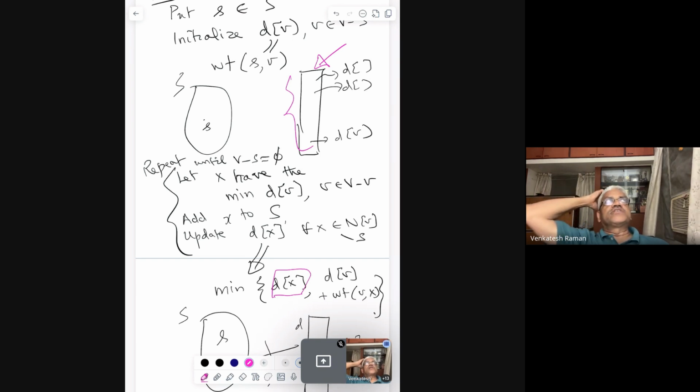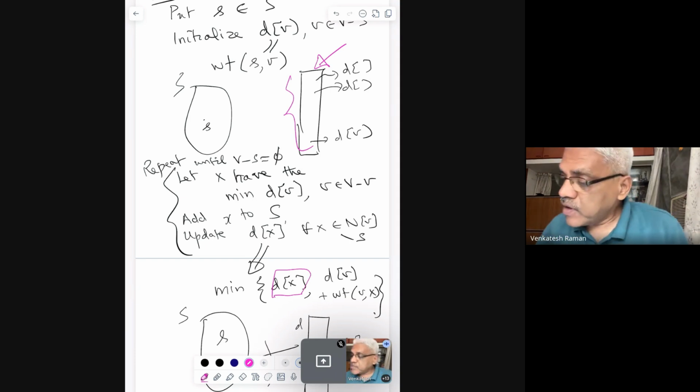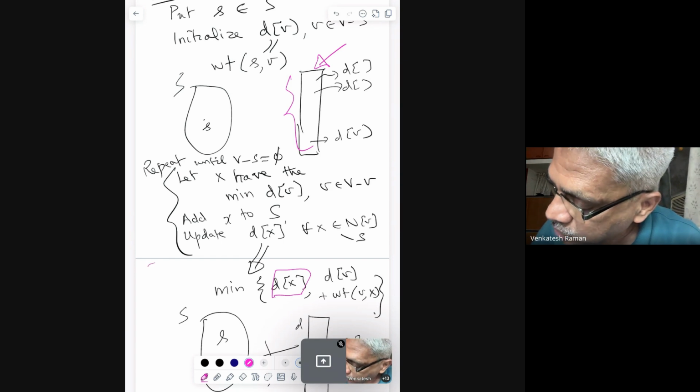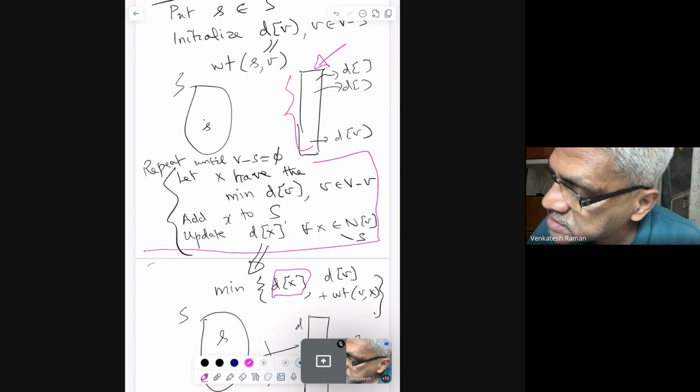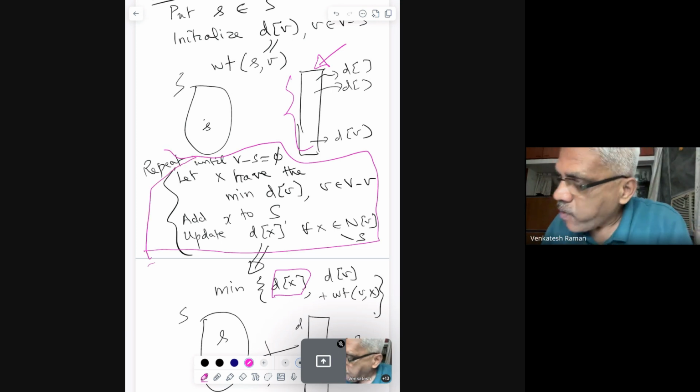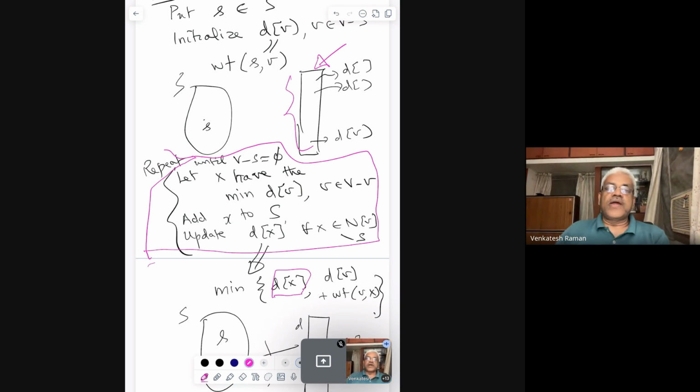Actually, in this algorithm it does not matter, but when you use a heap, it does matter. We'll see why. Again, I want you to look at this, the essential description of the algorithm, whatever I have in the pink.